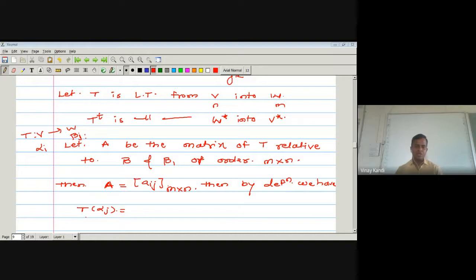T of alpha j is A1j beta 1 plus A2j beta 2 plus up to so on AMj beta m, where j is running from 1 up to n. Is it correct?